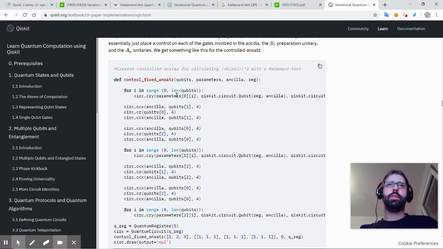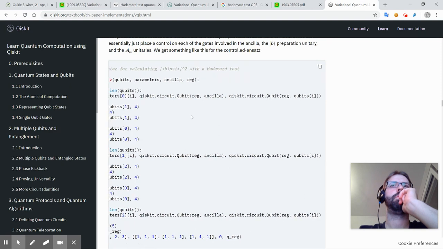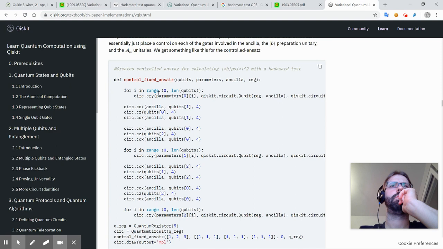Creates controlled ansatz for calculating, so you're controlling every single gate.